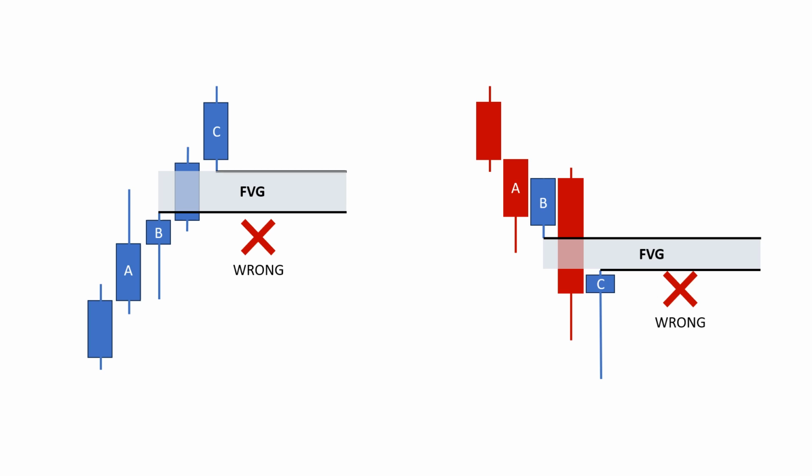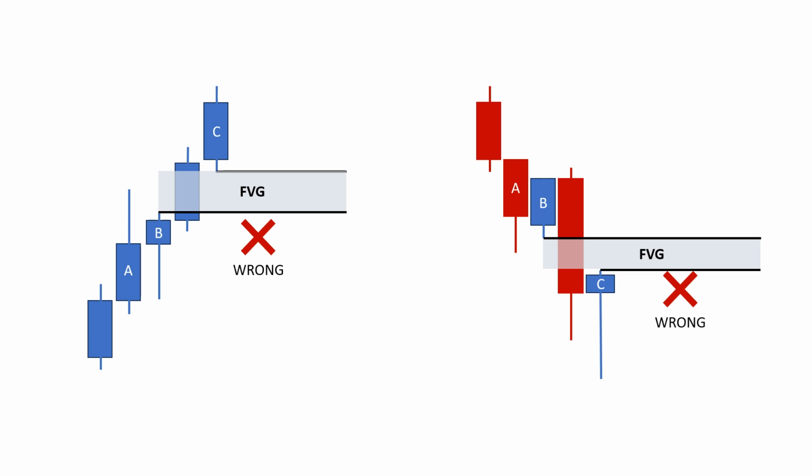So let me give you one straightforward tip that you have to remember every time you're drawing a fair value gap. Any candle forming a fair value gap should not be engulfed by another candle. What I mean is that the candle's low and high should not be inside another candle's body.